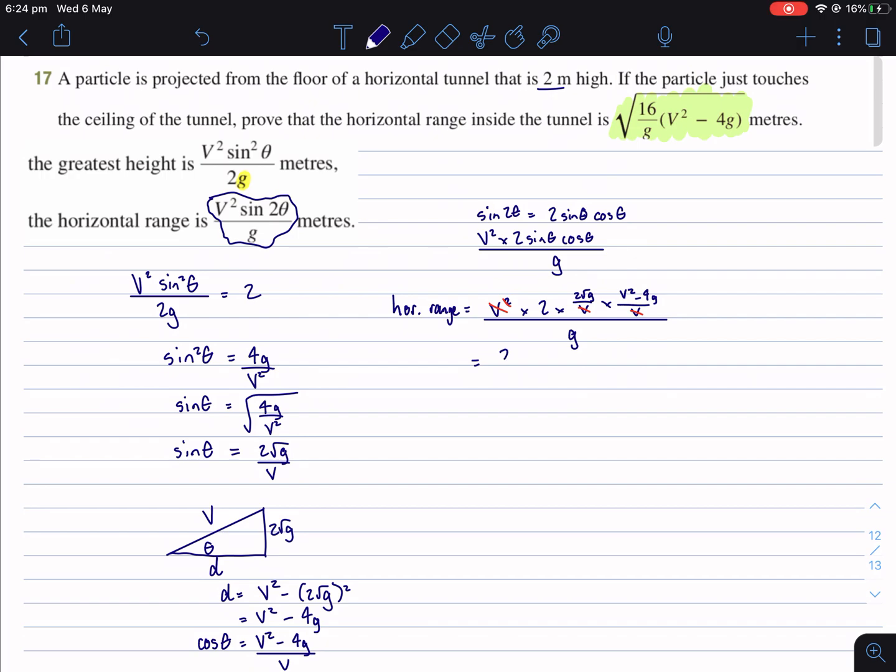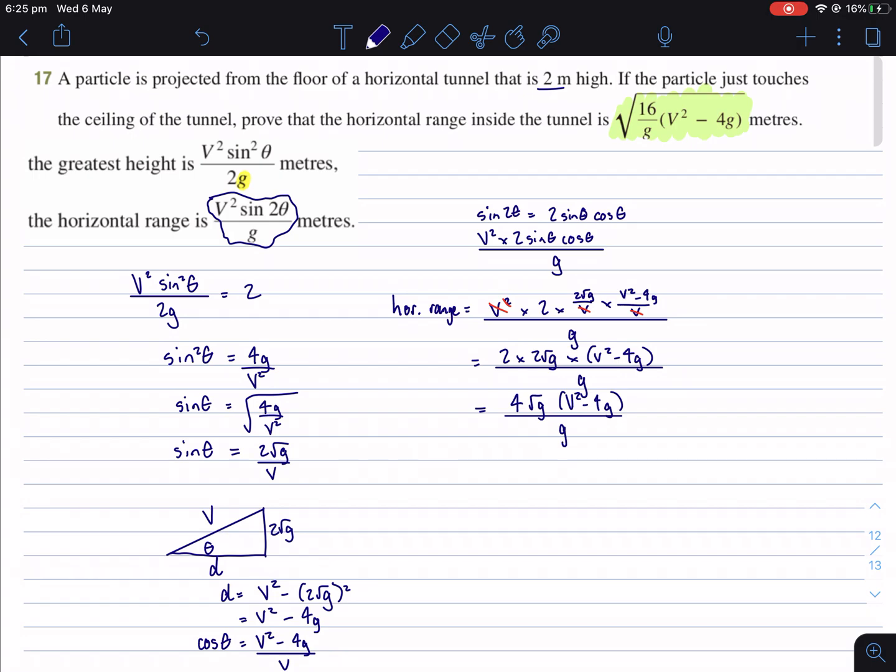So I'm going to get 2 times 2 root g times v squared take 4g all over g. Which means it's 4 root g v squared take 4g all over g.